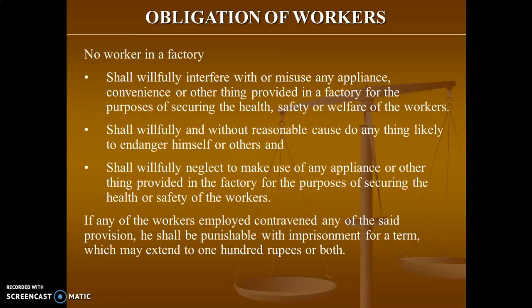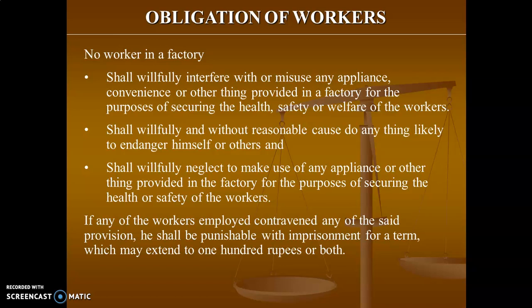These are the things a worker gets as rights, and what obligations a worker has regarding the factory: no worker in a factory should willfully misuse the appliances or conveyances of the factory, and he should secure the health and safety of the workers within the factory, and should not willfully and without reasonable cause do anything to endanger himself or others. This is an obligation by the occupier from the workers, which has to be maintained in the factory premises.